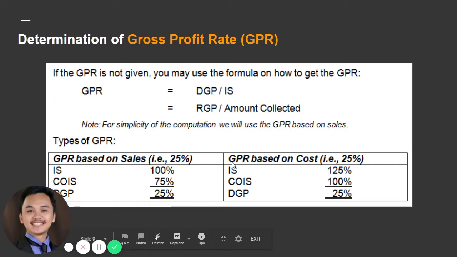Pero kung ang inyong gross profit is based on cost, your deferred gross profit is 25% and the 100% is your cost of installment sales. So therefore, your installment sales will be 125,000. So in either case, the problem might give you gross profit rate based on cost or gross profit based on sales. So you need to properly account for that.